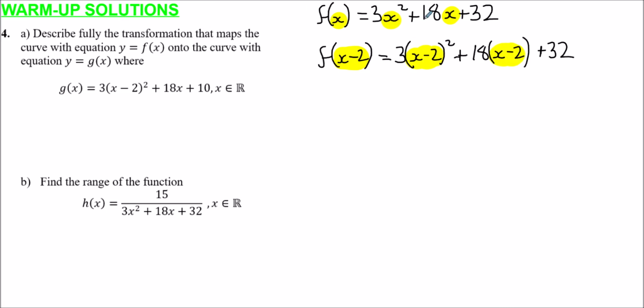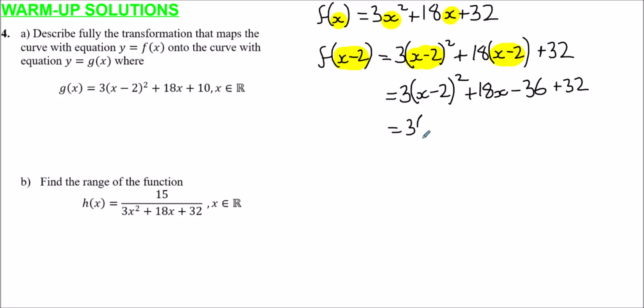So if we do this now and try and simplify it, leaving the 3 lots of x minus 2 there, of course, so 18 times x is 18x. 18 times minus 2 is minus 36. Then still got the plus 32.